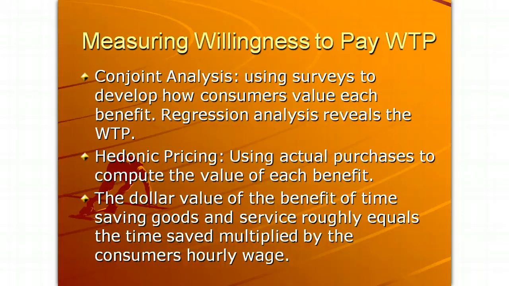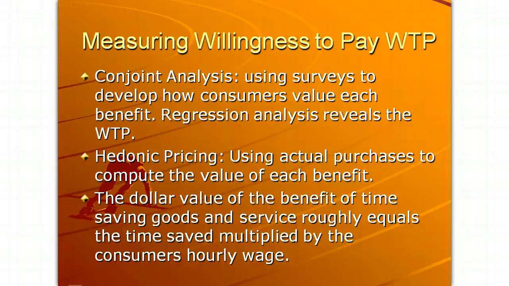Now, a conjoint analysis, we want to use surveys to develop how much consumers value each benefit. So it's sort of a regression analysis that we're going to use to reveal the willingness to pay. Okay, so in this conjoint analysis, we're going to give a product a bundle of features or attributes, and then we're going to ask people individually to decide on the importance of, on a scale from 1 to 10, whether they would definitely purchase this feature.